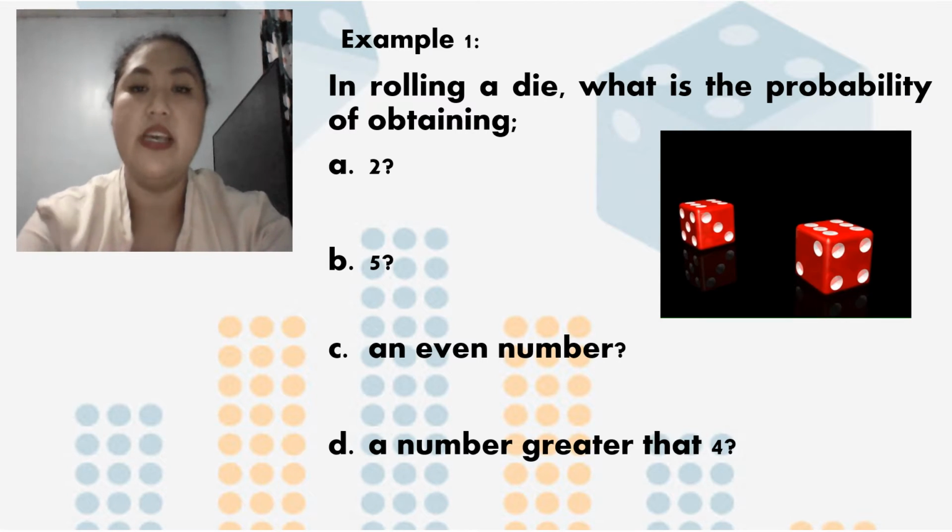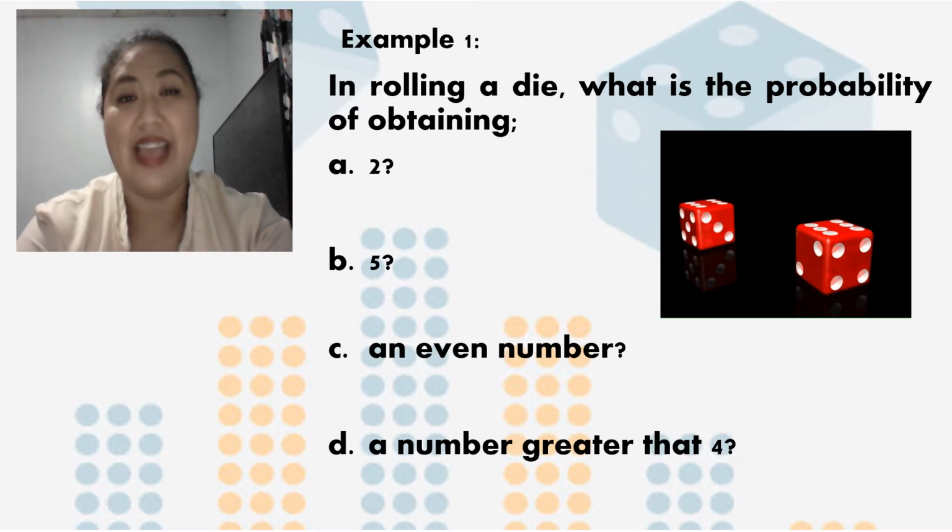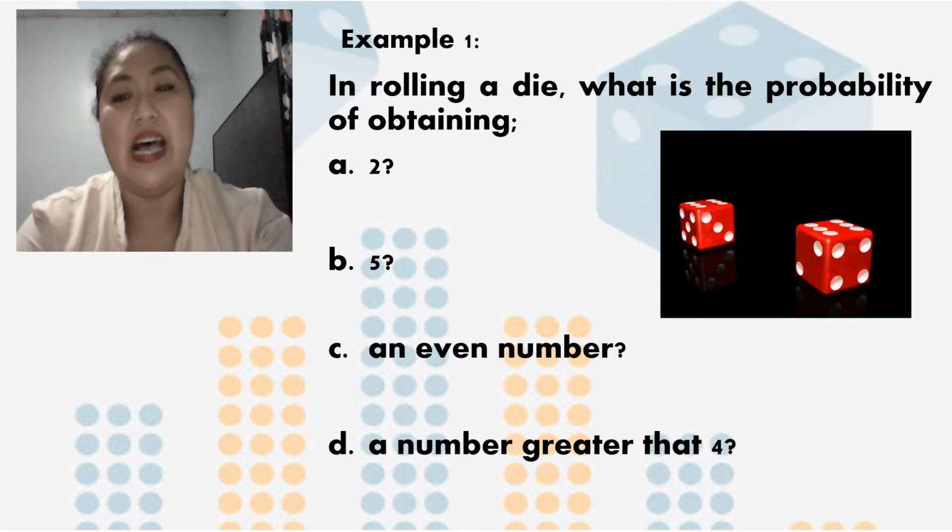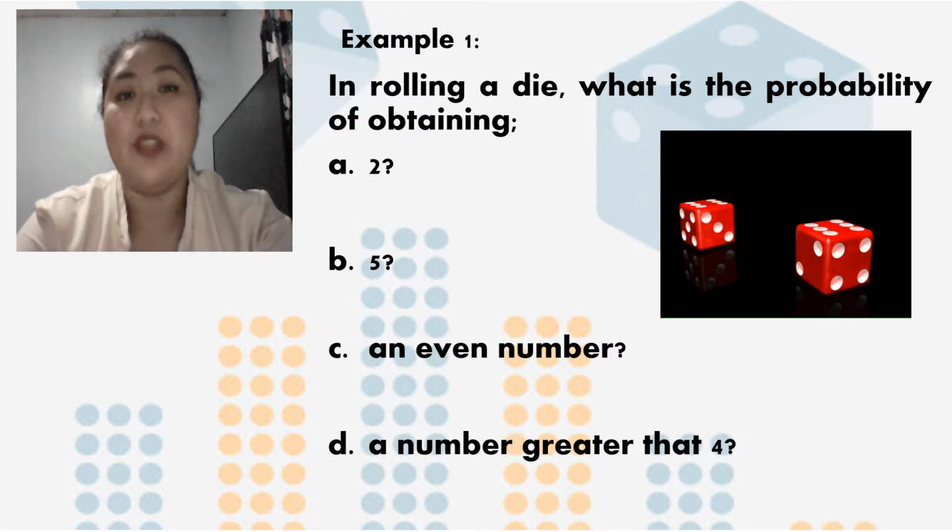Okay, so class, familiar naman tayong lahat sa die or dice sa plural, die singular and dice for plural term. Okay, napag-aralan na natin yan sa ating previous lesson na ang die ay merong sample space na 1, 2, 3, 4, 5, and 6.